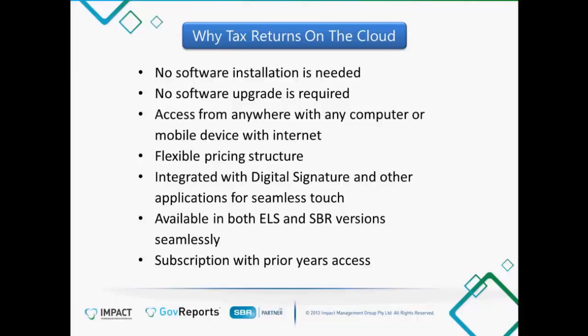Flexible pricing structure, because like I said, you can pay as you go per use or per lodgement, or choose an annual subscription if you've got more than 3, 4, 5 clients, and that makes it more flexible for you. At the same time, you can choose the modules that are suitable for your business or your client base.